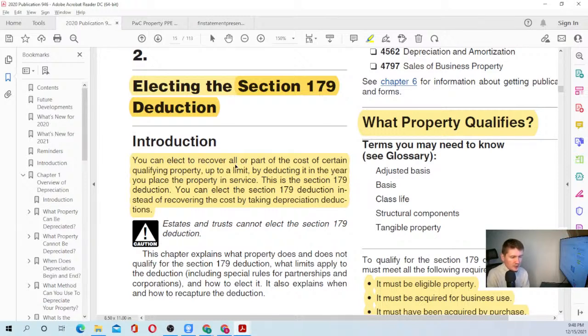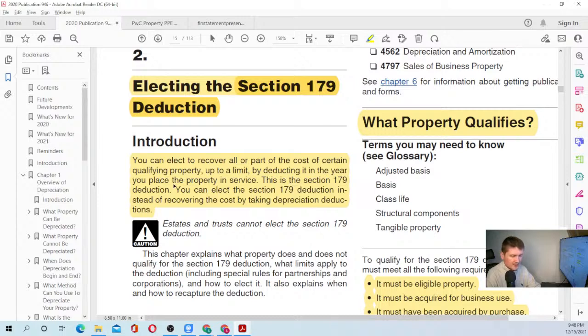So let's see. You can elect to recover all. When we say recover all, it means that we kind of depreciate all. So we write off for the tax purposes the full amount of your acquisition price, of your capitalized amount. You can elect to recover all or part of the costs of certain qualifying property up to a limit by deducting it in the year you place the property in service.